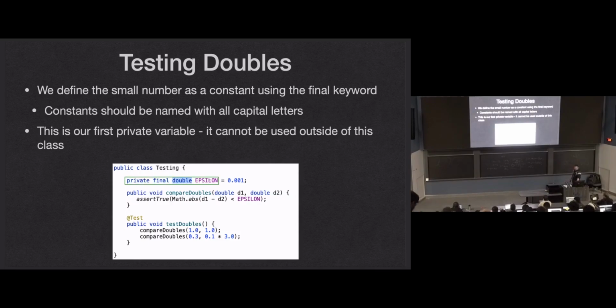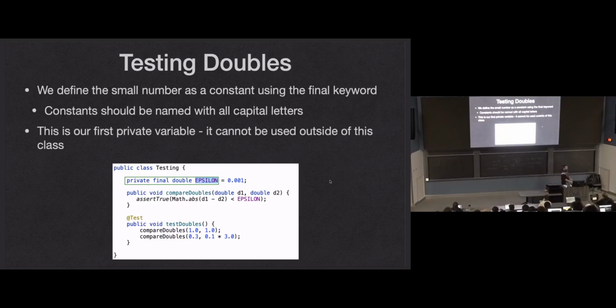And then double, the type of the variable. And then by convention, this isn't required by the language, but it will be highly encouraged by all of your peers. I mean, when you graduate and you're working in a team of developers, they're going to require this: constants are all capital letters. This is different across languages. In Java, the convention is all capital letters for a constant value.